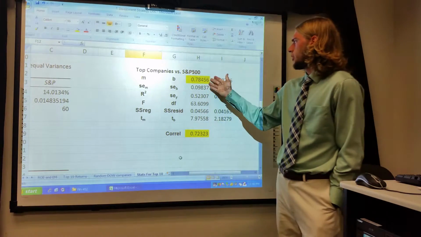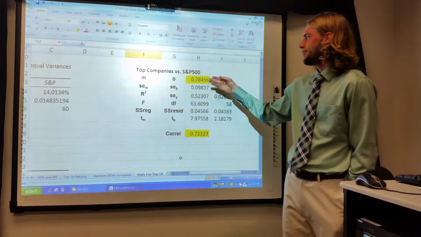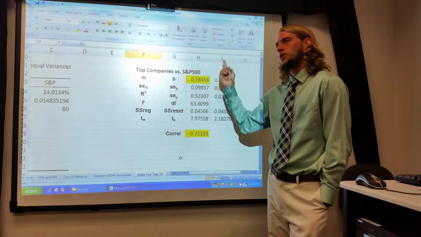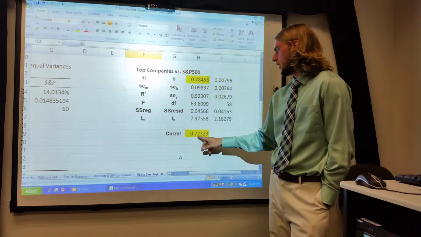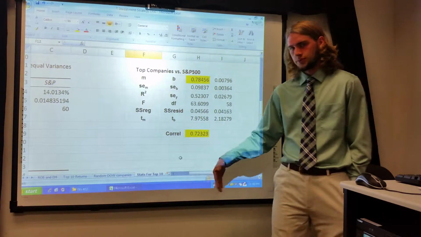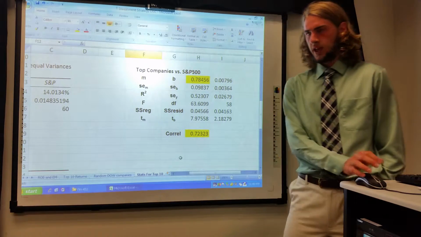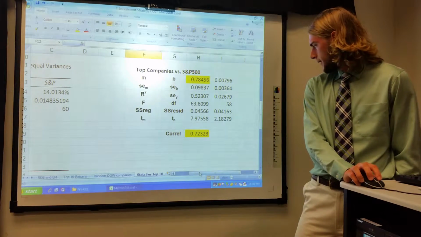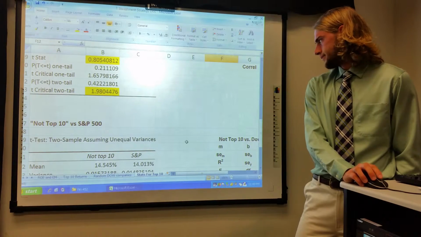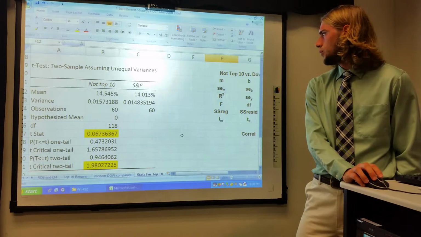And also roughly the same beta, less than 0.8, so a little bit less than versus the Dow, and a correlation coefficient of 0.72, so roughly 72% correlated with the S&P 500. So nothing too new there.